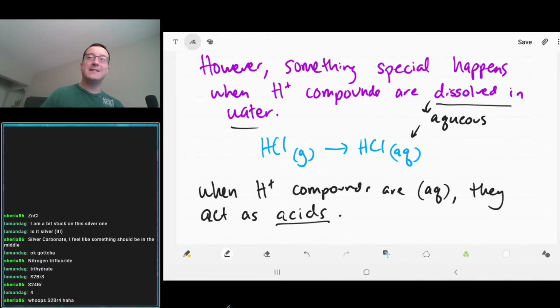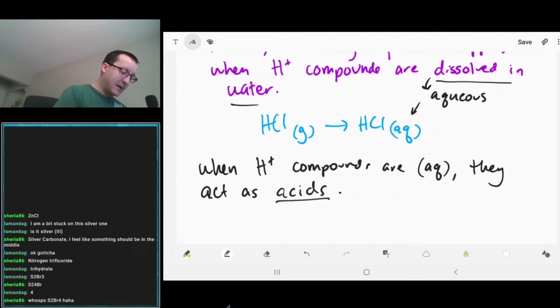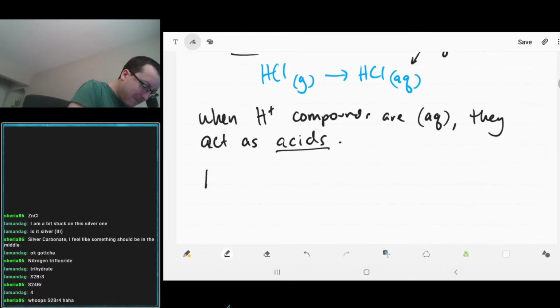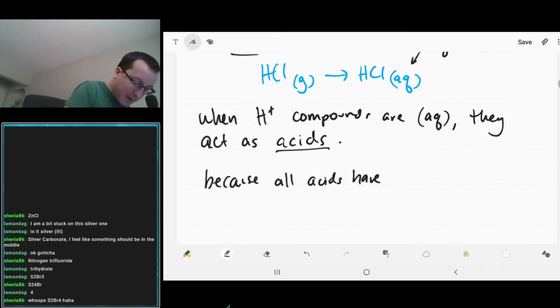And so we're going to see that because all acids have H plus, the name of the acid is based on the anion.